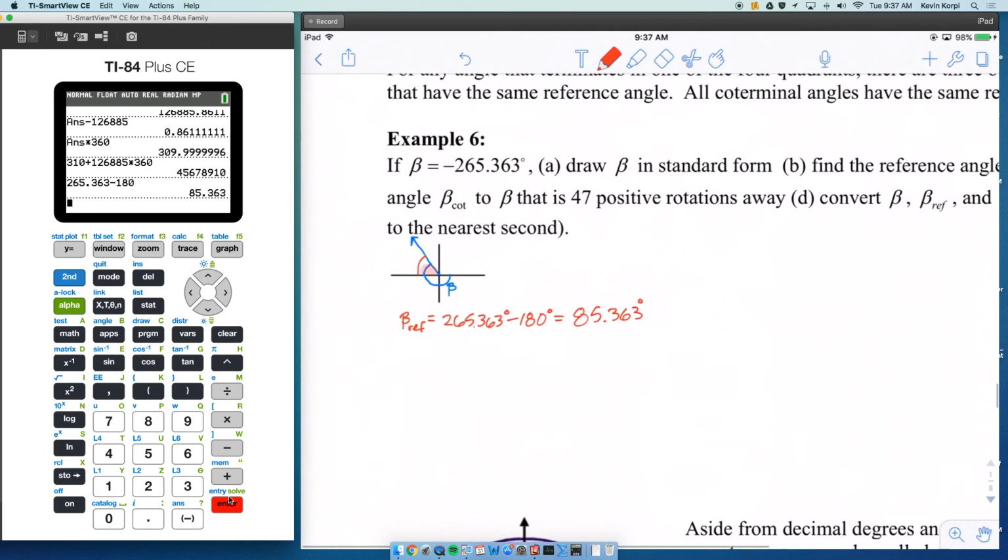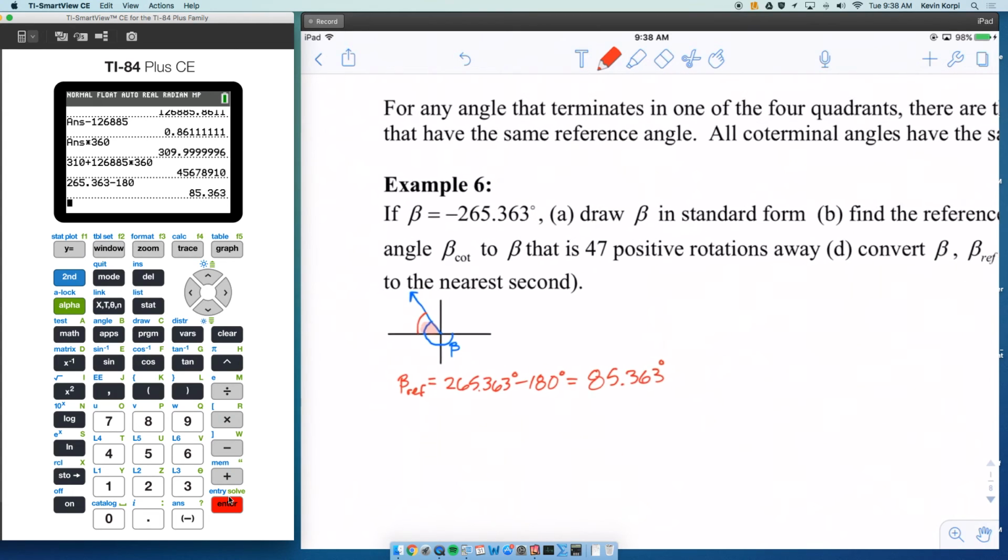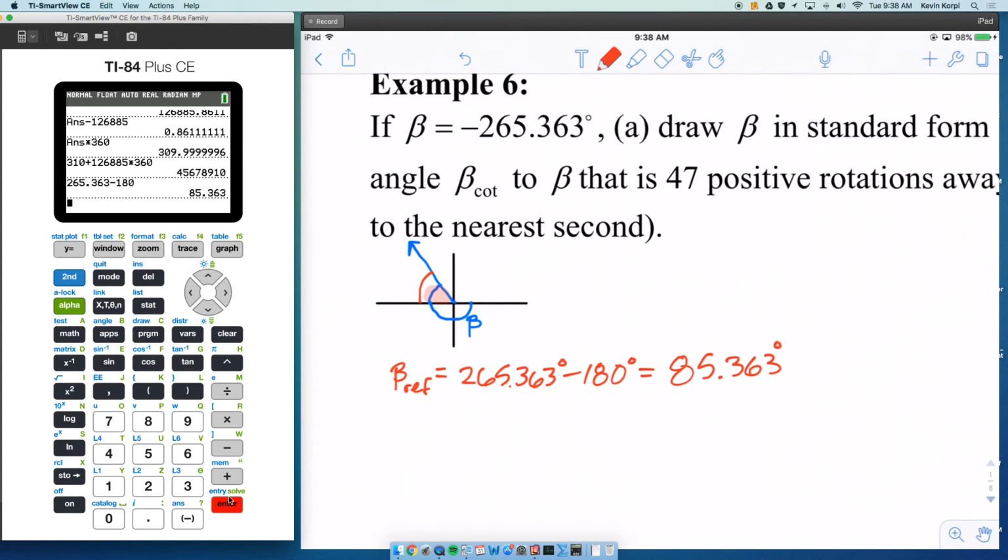Part C, find the coterminal angle that is 47 positive rotations away from beta. All right, so this is a review. B subscript coterminal. I'm going to take my angle B, which is negative 265.363. And how do I find an angle that's 47 positive rotations away? Very good. It's going to be plus 47 times 360 or 360 times 47.